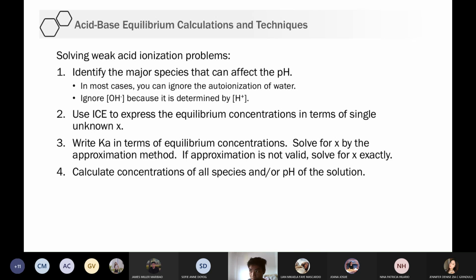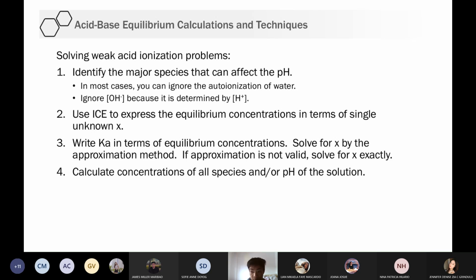Magbibigay ako example. Once na makuha mo na yung value ng X, you can now calculate for the equilibrium concentration of your species. This has the same approach doon sa inyong lecture lang din. Kung paano kayo mag-solve ng equilibrium concentration sa lecture, ganito lang din dito.